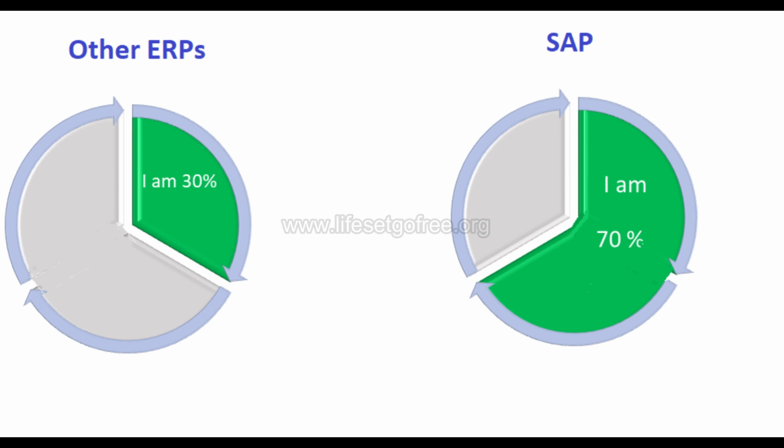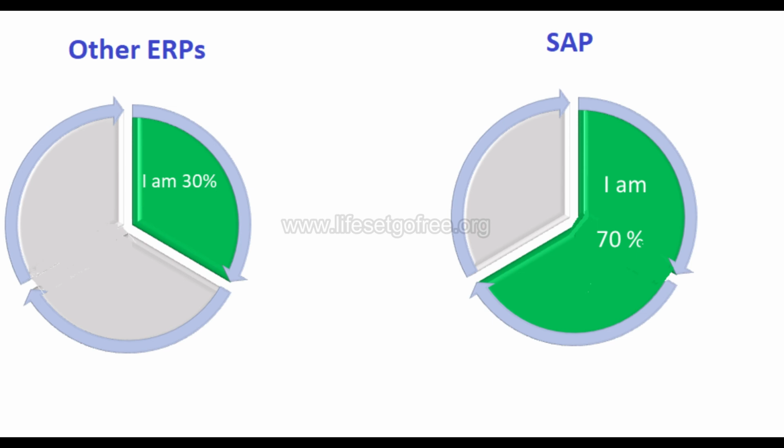And the difference between other ERP products and SAP is that in all the other ERP packages, only 30% of the things were developed, and the remaining 70% is customizing based on your company. In case of SAP, almost 70% is developed and only 30% is customizing.